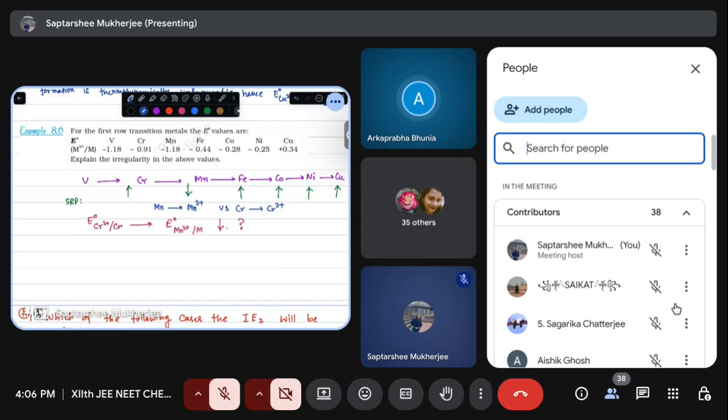For chromium, the I2 value is comparatively low, whereas for manganese the I2 value is more, because when manganese plus forms manganese plus 2, the half-filled configuration is lost, whereas when chromium plus forms chromium plus 2, there is no loss of half-filled configuration. That is the reason chromium to chromium plus 2 is easy to form. Can you follow, everyone?